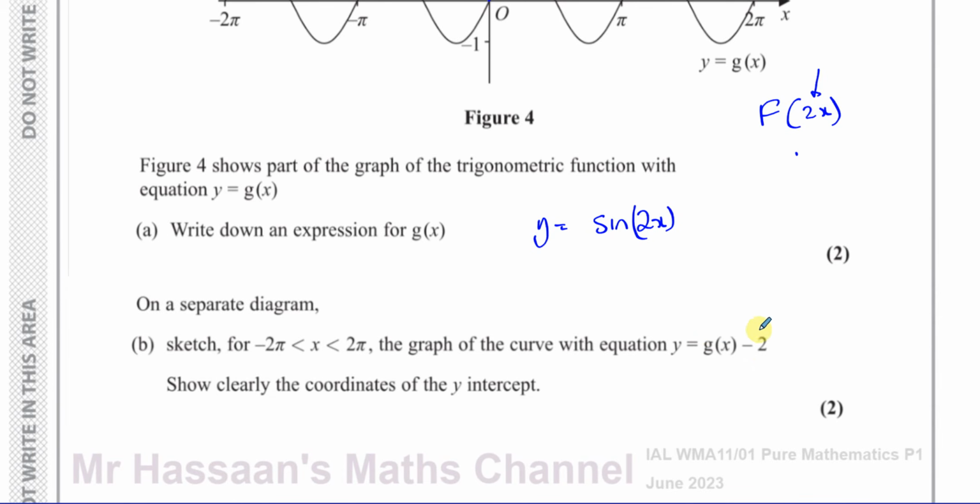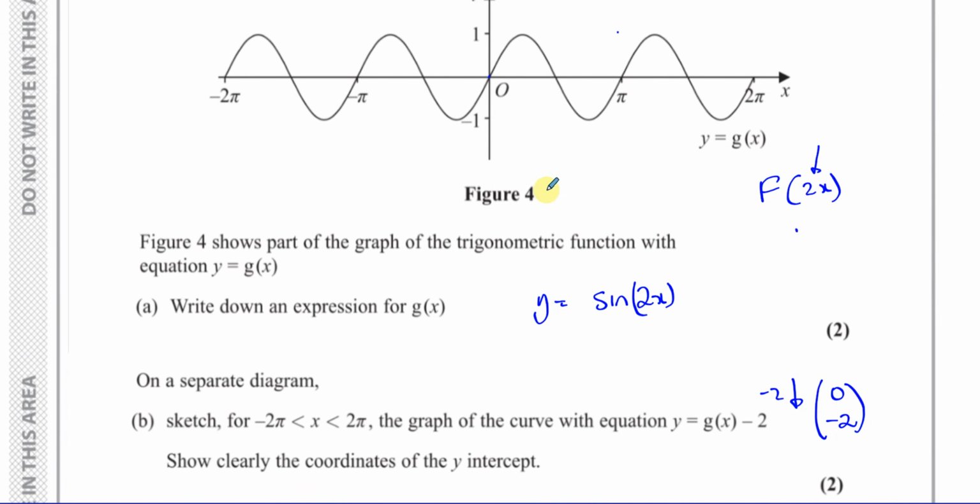If you're adding something outside the function, it's going to be a vertical translation, and because it's outside the function, it acts normal. So this is a translation of 0, -2. Everything moves down by 2 spaces. All of these points remain in the same place, except everything moves down by 2.